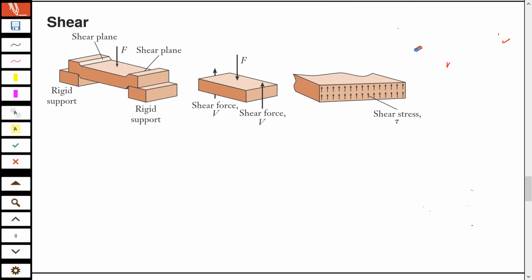So if you focus now on the left hand side, here what you see is that you have this rigid support. On top of this you have another body, and there are two contacts here, this one and this one. Can you see this?